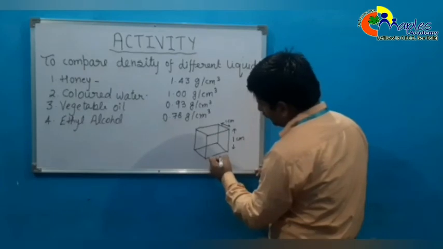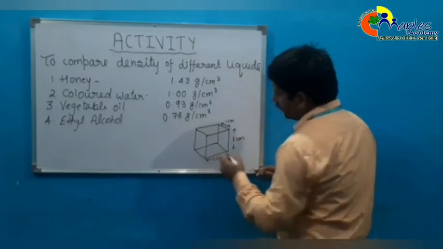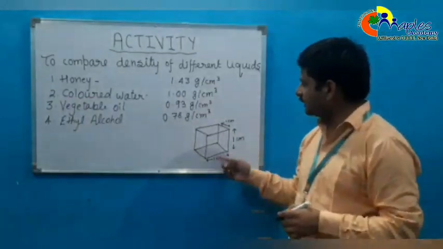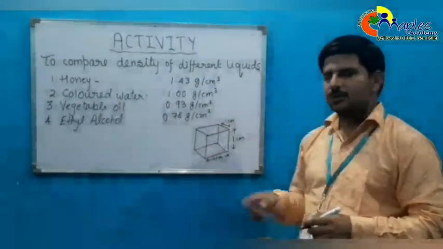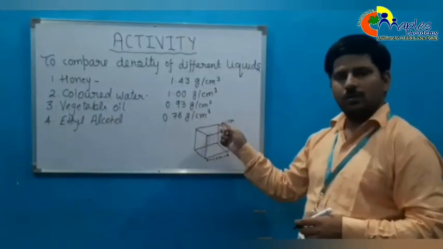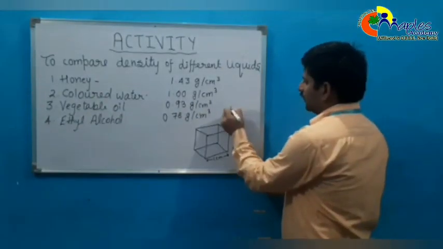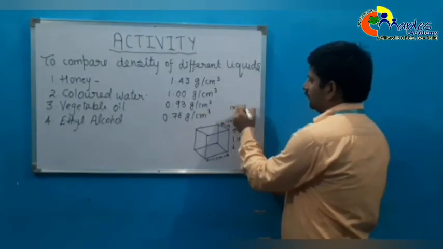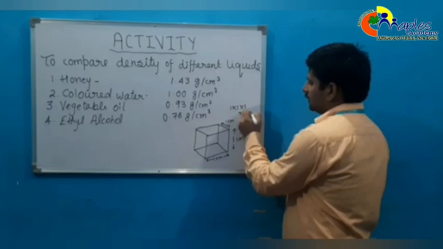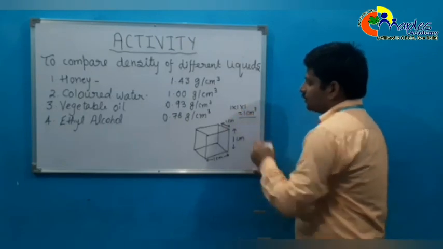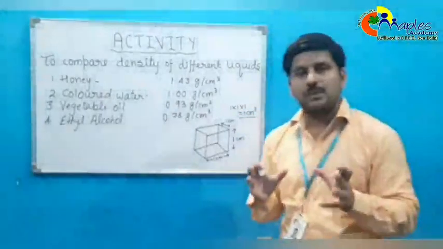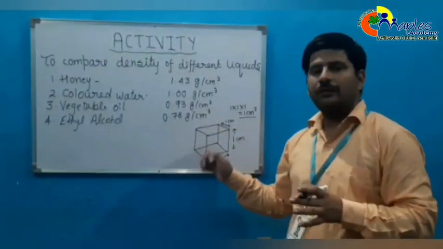All three parameters of this cube are 1 centimeter: its length, its breadth and its height. So this is a cube with the volume of 1 multiplied by 1 multiplied by 1, which is equal to 1 centimeter cube. So for any substance, how much mass is in this cube will be its density.